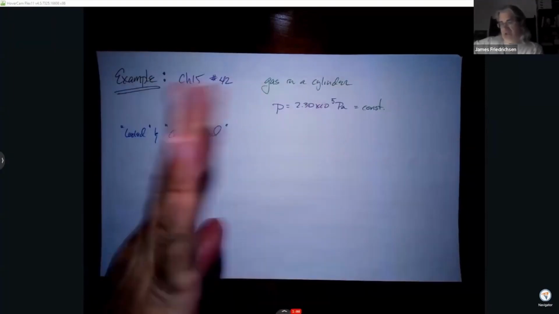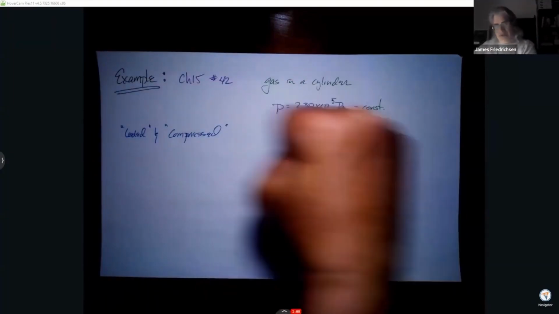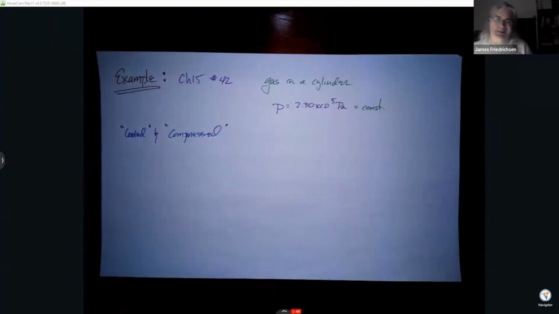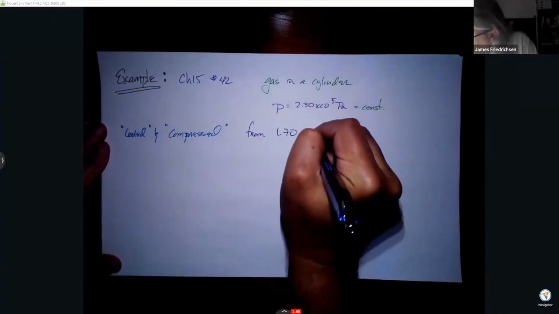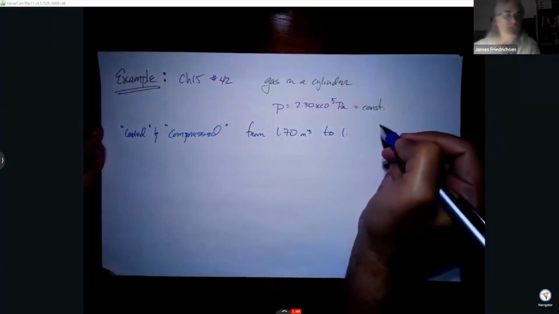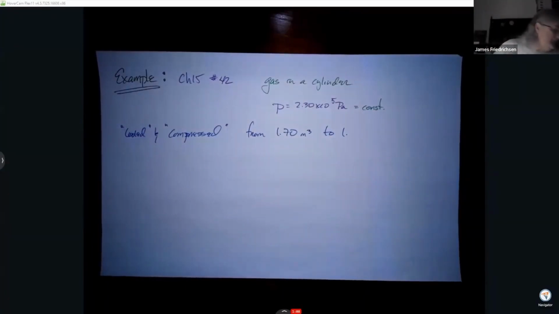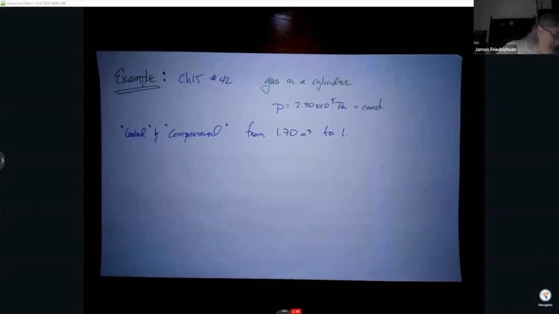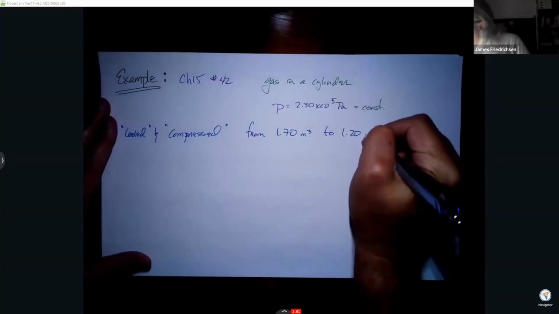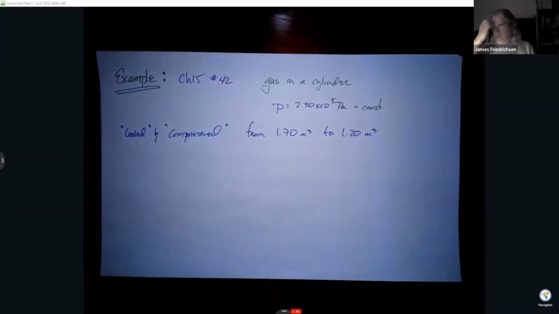Remember, the gas is going to push out on that piston, and if we compress it, what kind of work did the gas do on the environment? Yep, it's going to do nice negative work. It's going to push out as it goes in.